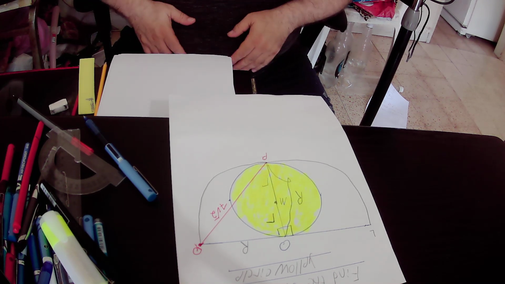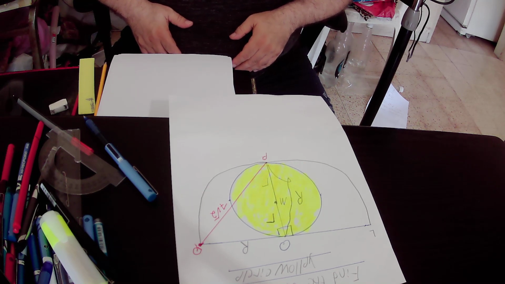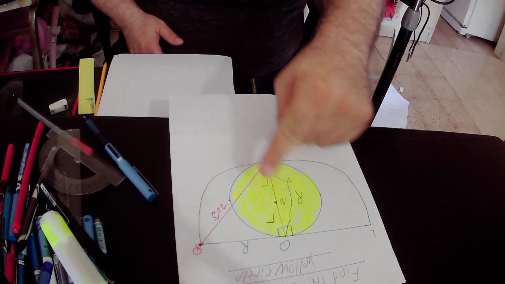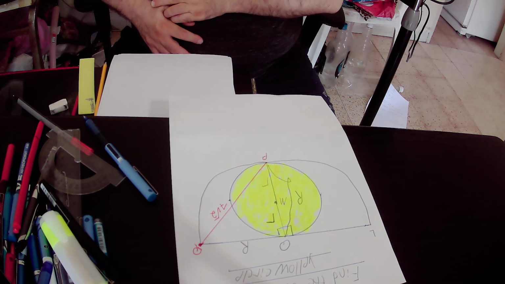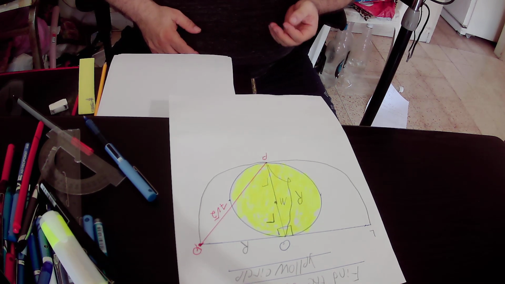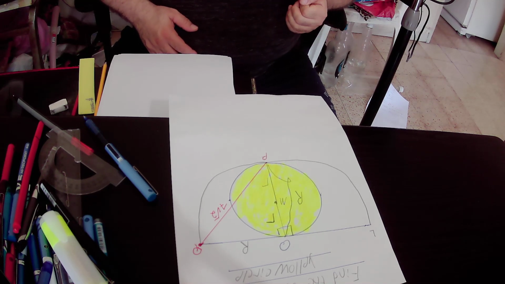So the only thing that we must find is the radius of this yellow circle, and then we will know the area of the yellow circle, because the area equals pi times the radius squared.